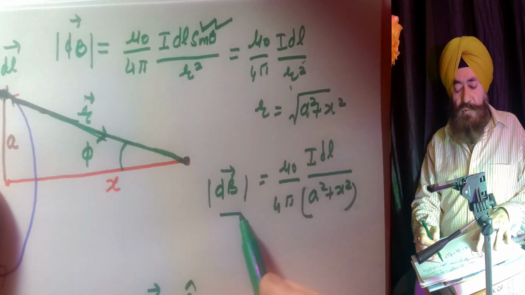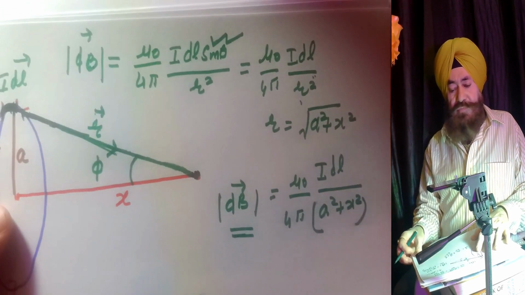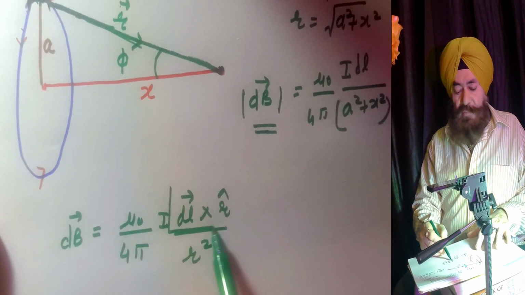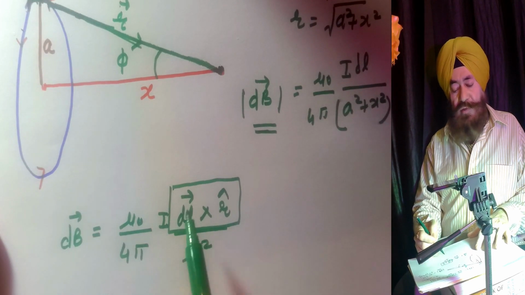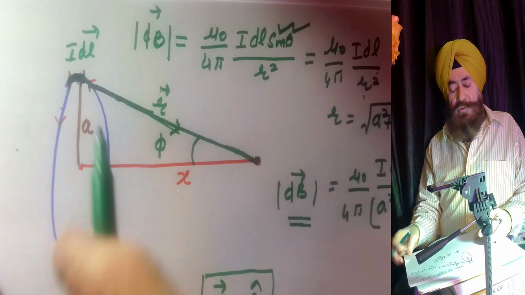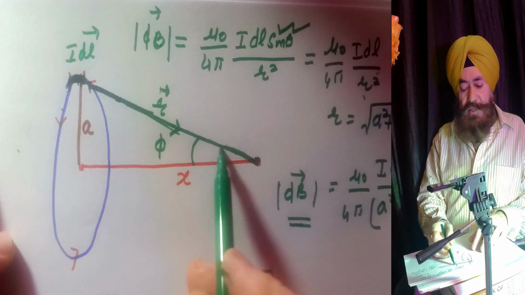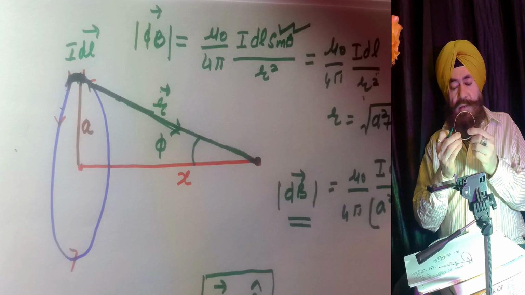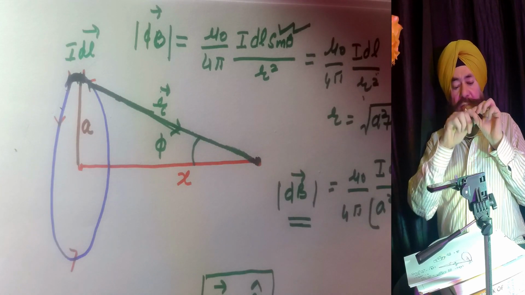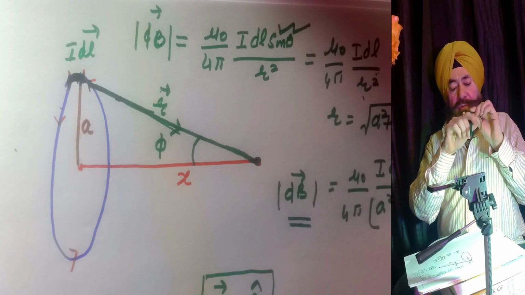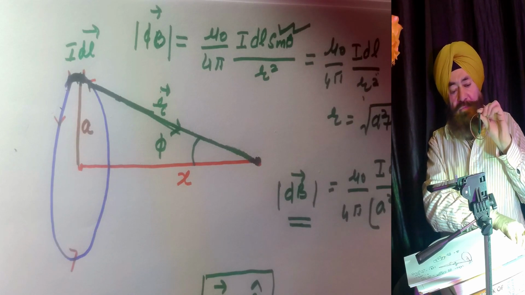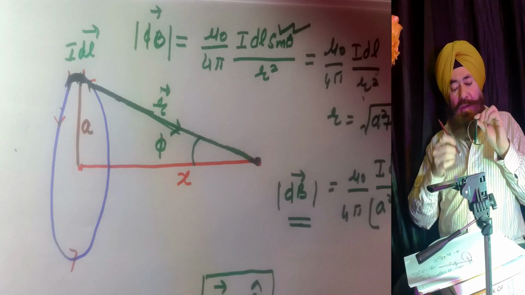Now, what is the direction of dB? The direction of dB is perpendicular to the plane in which dl and r lie.